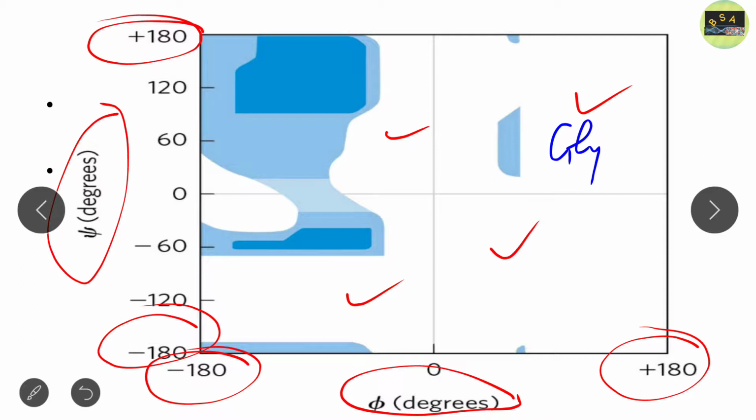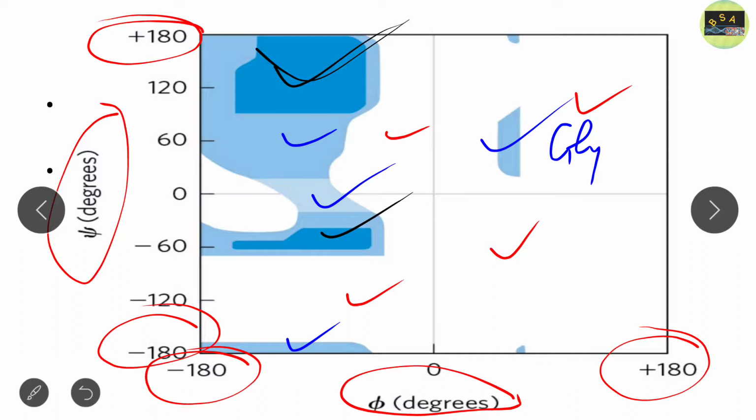Now this light blue is somewhat permissible, but not fully permissible. And this dark blue that I marked in black is fully permissible. Here no steric hindrance is seen.